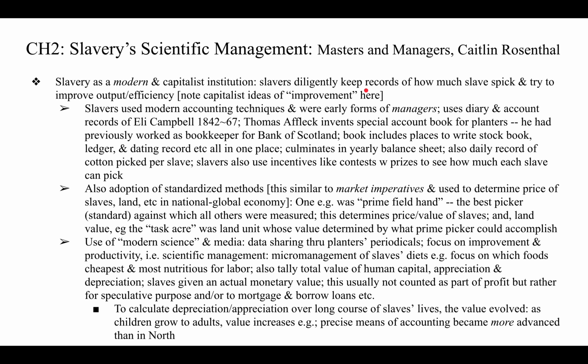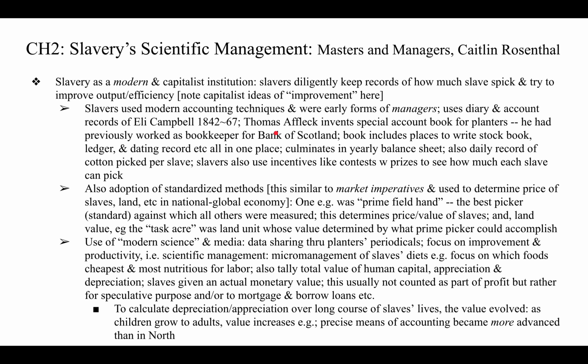Slave owners diligently kept records of how much slaves picked and tried to improve output and efficiency. They used modern accounting techniques, and as I've said, were early forms of managers. So they would use diaries, and Caitlin Rosenthal looks especially at the diary and account records of one slave owner, Eli Campbell, between 1842 to 1867.